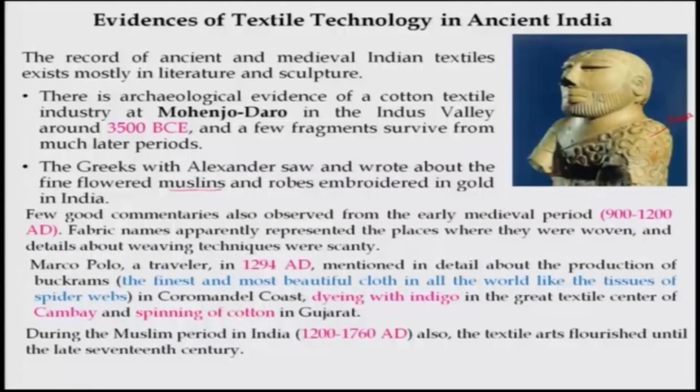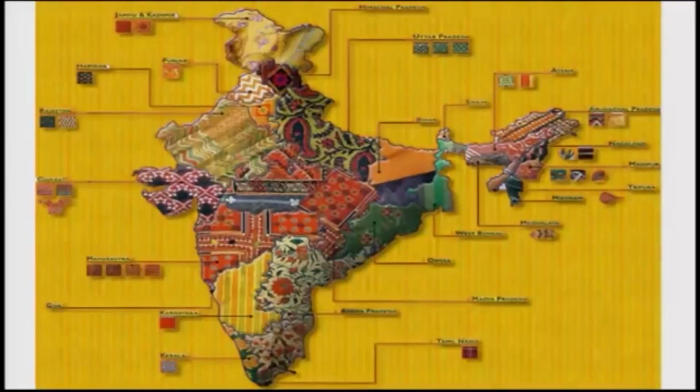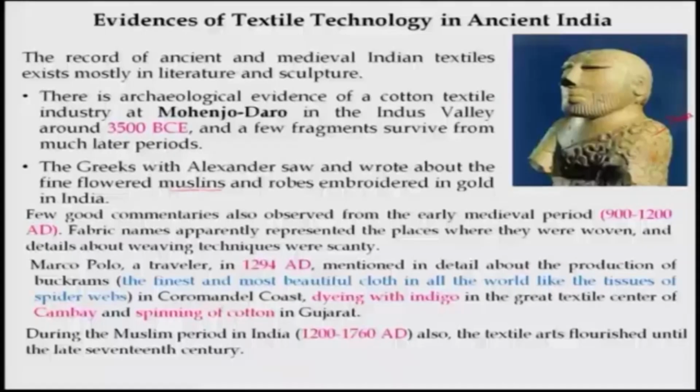During the Muslim period in India, from 1200 until the late 17th century, textile arts flourished. But unfortunately, the Britishers came and introduced mill textile technologies into this country, and they did not allow the weavers to make textiles.